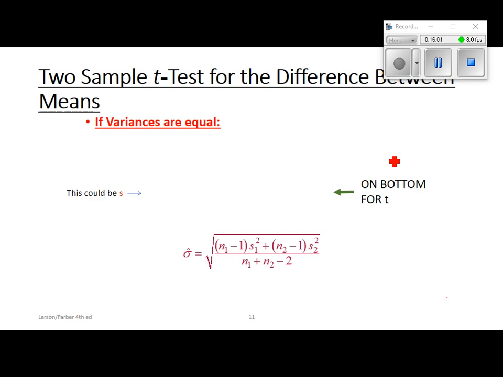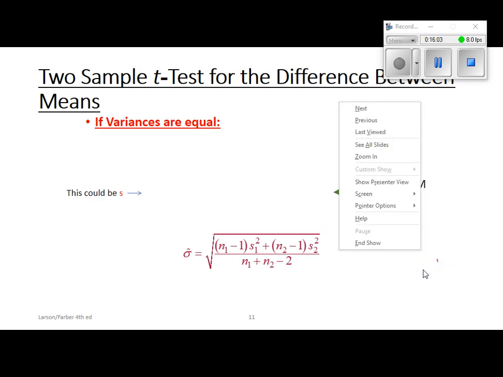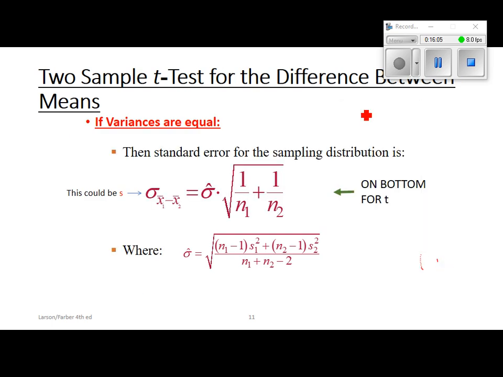And the difference is this. If the variances are equal, then this is on the bottom. That's the one that all of you love so much. So if the variances are equal, that's what's on the bottom of that fraction.